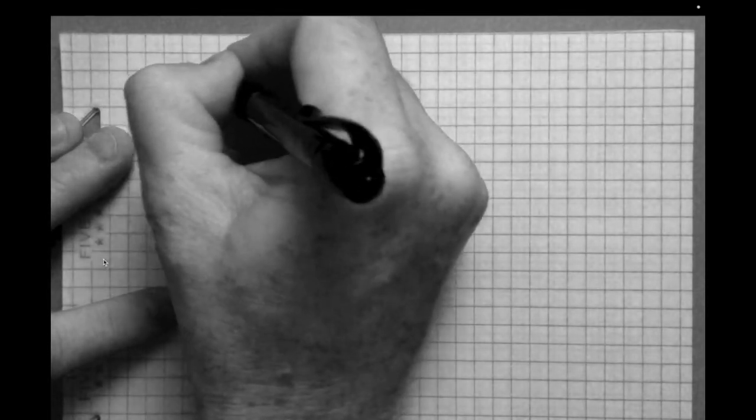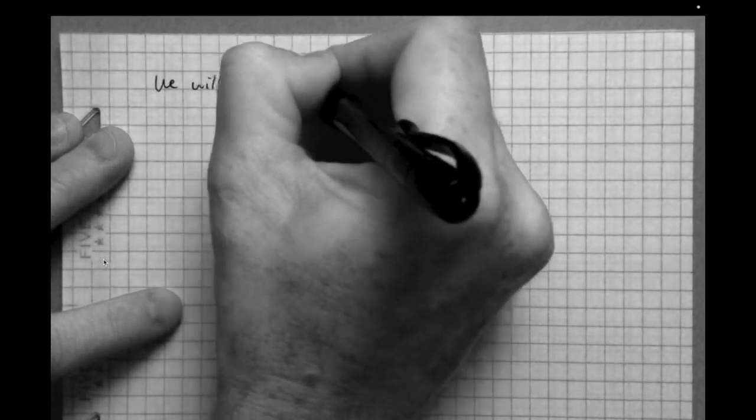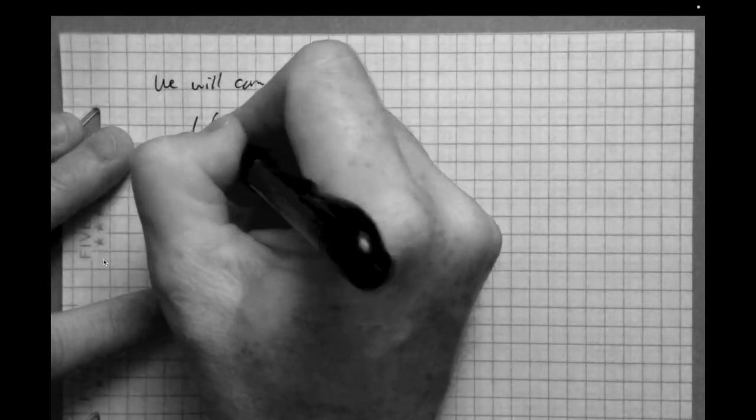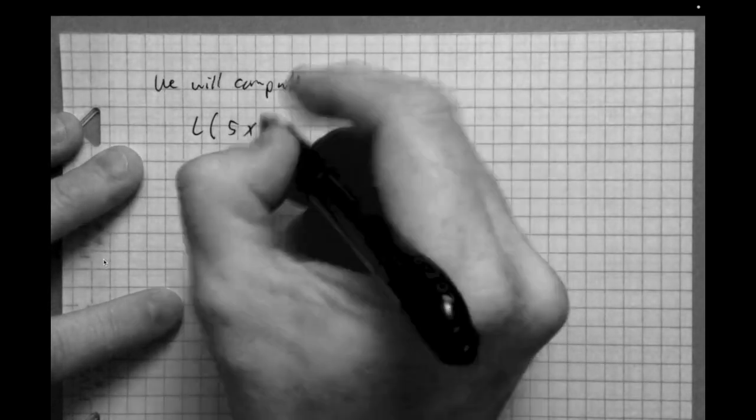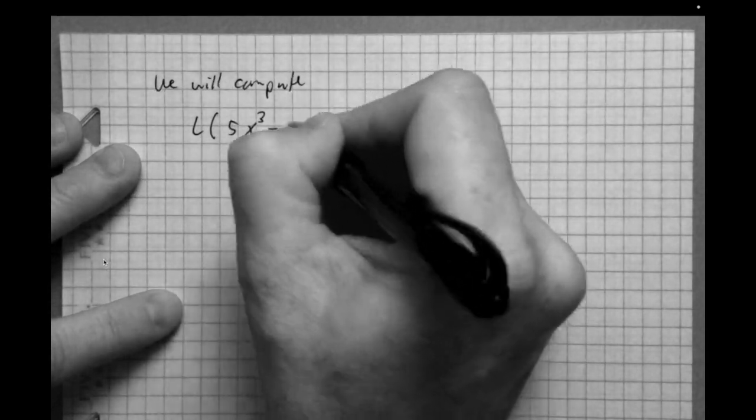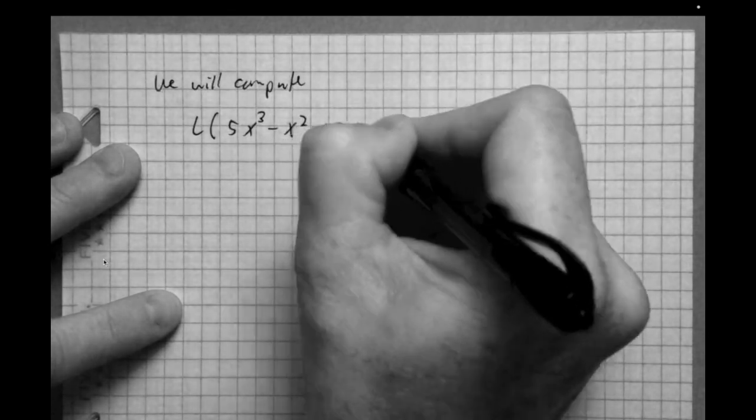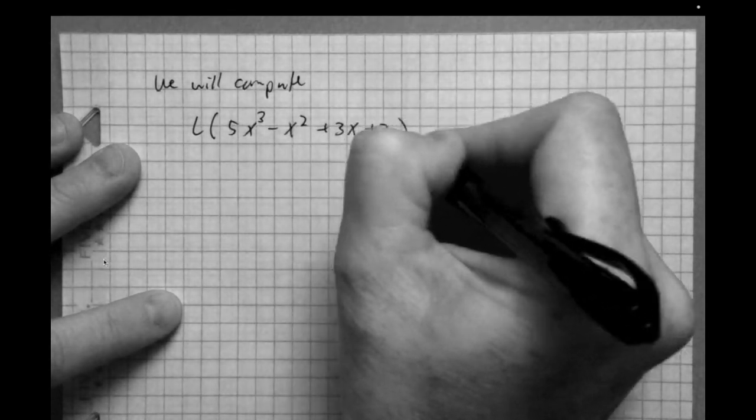Okay, so let's try this. We will compute L of, let's take just an arbitrary polynomial, third degree or less, 5x cubed minus x squared plus 3x plus 2.